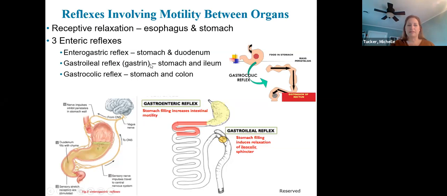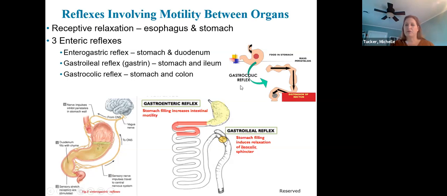The gastroileal reflex is under control of the hormone gastrin. When the stomach starts to fill, there is a relaxing of the ileocecal sphincter. So as the stomach starts to become more active, the movement along the small intestine increases. That's gastroenteric. Then the gastroileal is going to open the sphincter to allow food to flow into the large intestine.